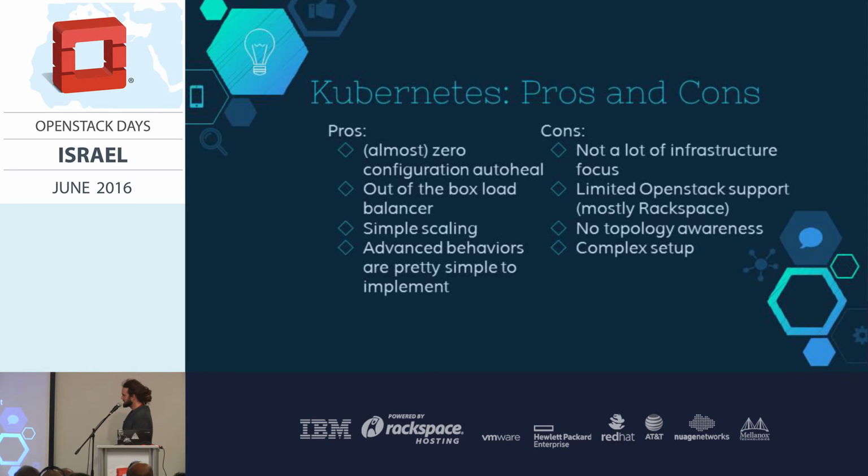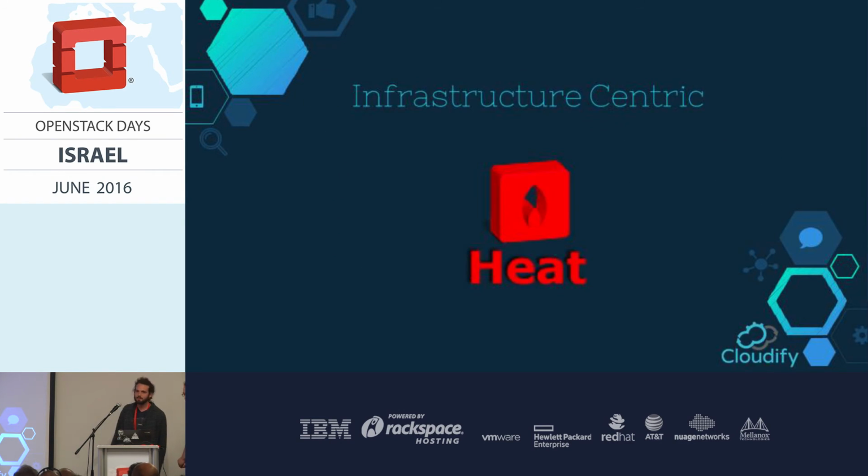And then advanced behaviors are quite simple to implement. This might seem to contradict what I said about complex setup, but setup is one thing, usage is later, and I would say that its usage is easy, but its setup is quite complex. And with that, I'll pass on to Arthur to handle Heat.